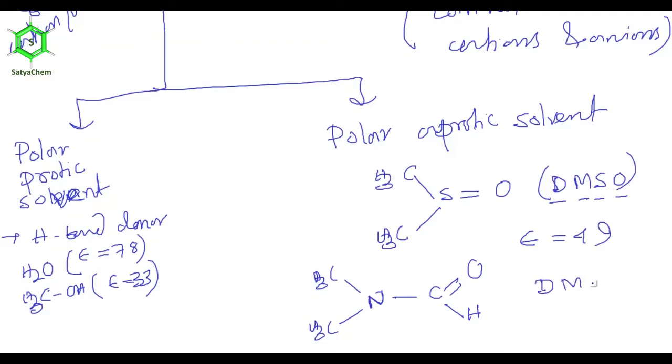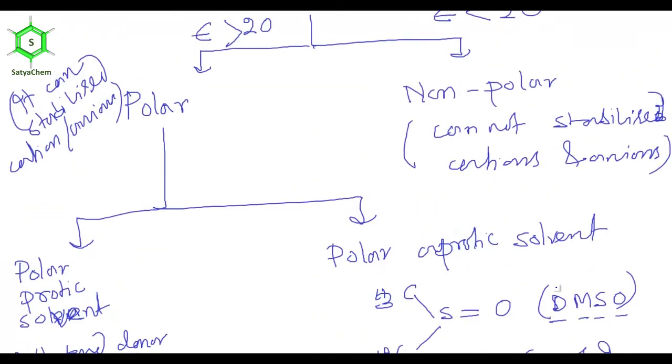Abbreviation is DMF, and the dielectric constant is 37. And there are many examples of non-polar solvents like benzene and hexane. These are all non-polar solvents.